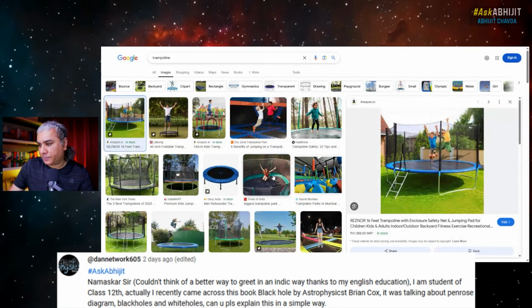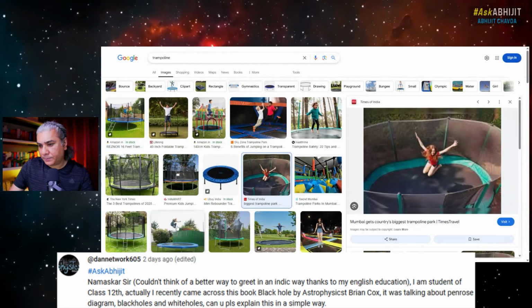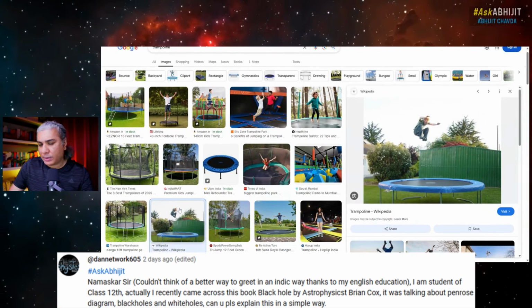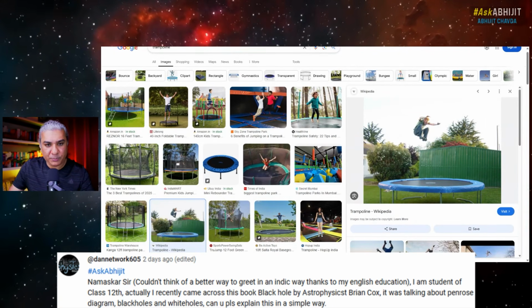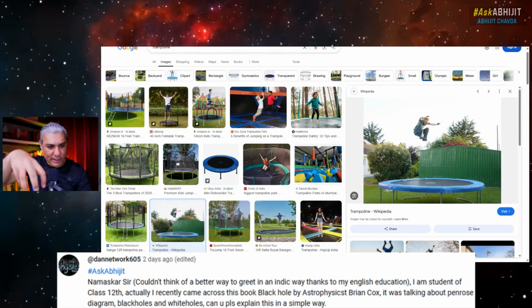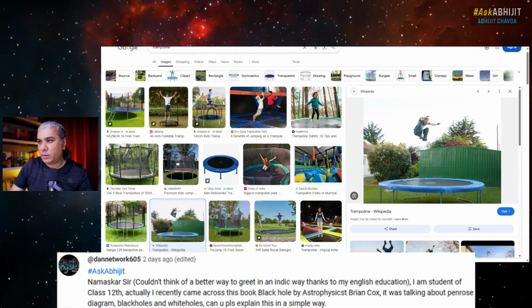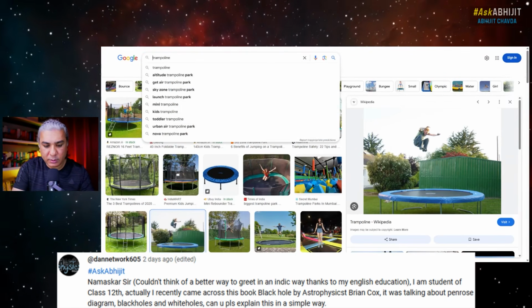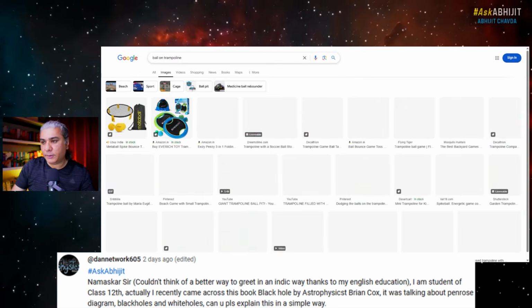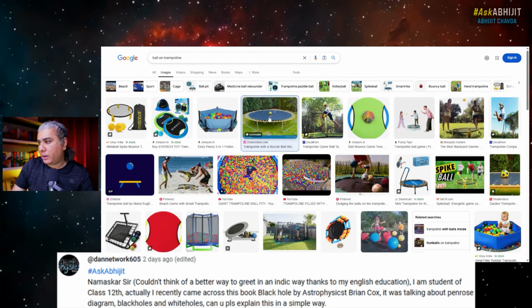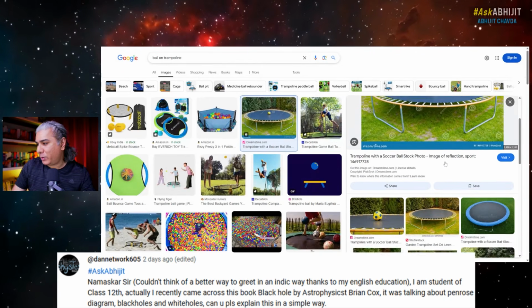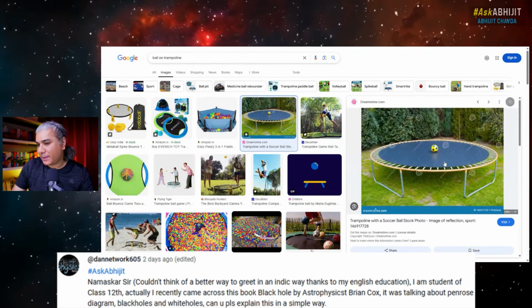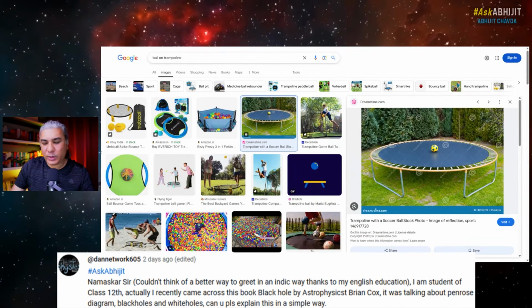So imagine you have a trampoline, and on that trampoline you put a football or a volleyball or some kind of ball. Okay, so the trampoline will sink down. So let's say you have a ball like this on a trampoline. It will bend down actually. So it will sink down.